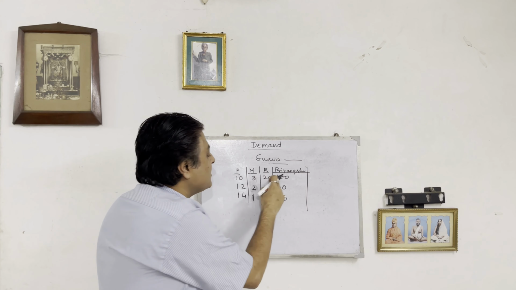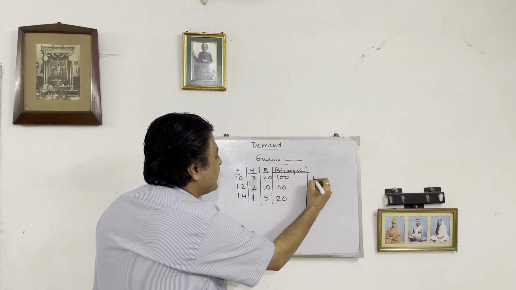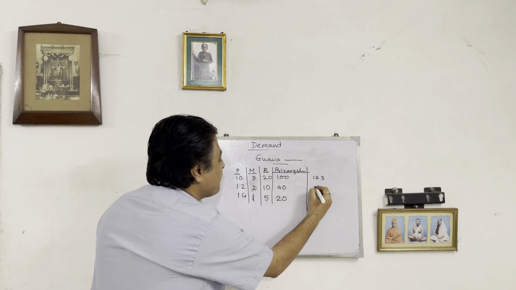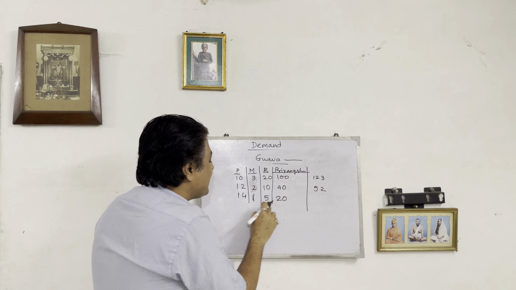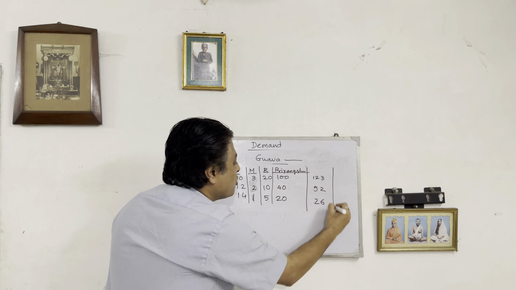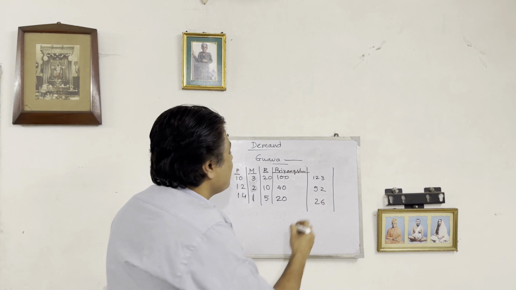If we add all these demands, 100 plus 20 plus 3, 123, 40 plus 10, 50, 50 plus 2, 52, and 20 plus 5, 25 plus 1, 26. The total amount of demand in the market will be known as market demand.